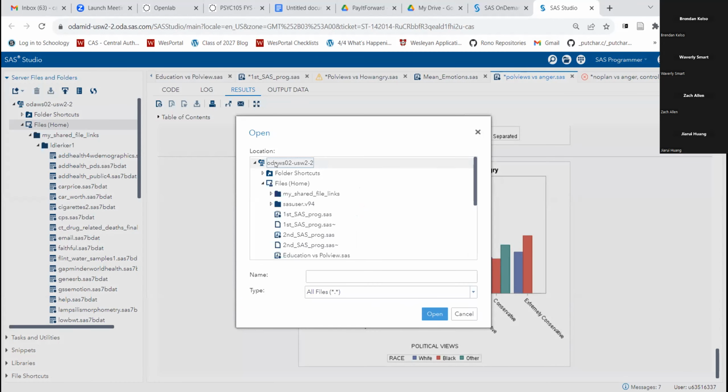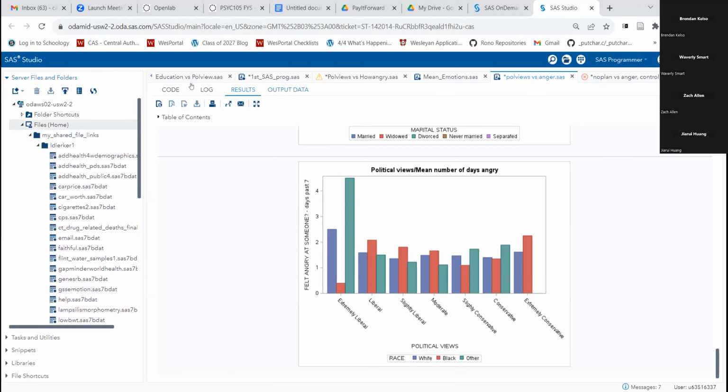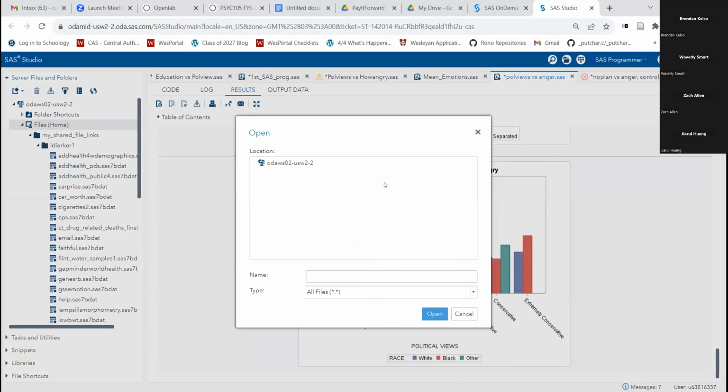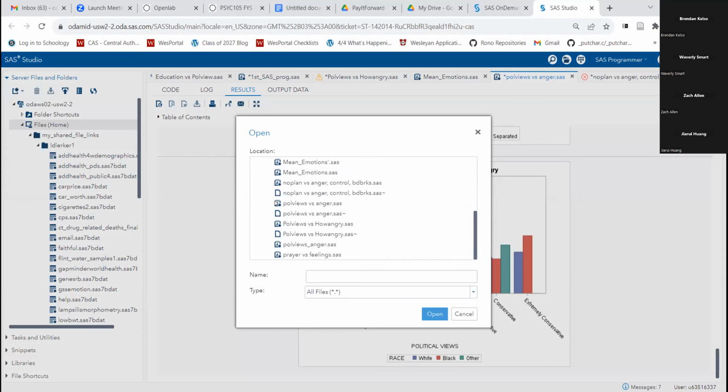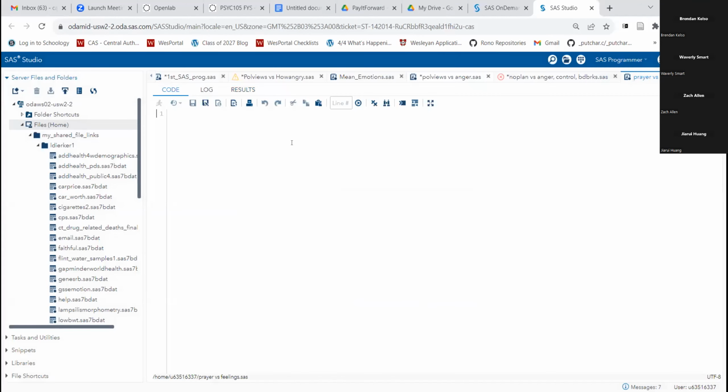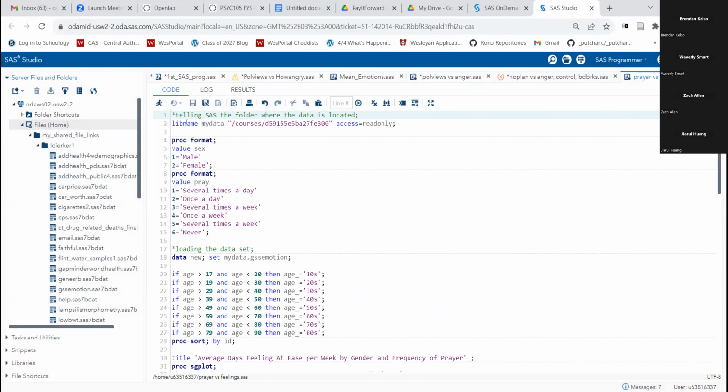Yeah, I was actually doing these programs differently, as you can see at the top here. You can do it all in one program and just comment out the parts when you're not looking at them. It can be a little complicated to try to keep four different programs running. Prayer and feelings. Oh, you really went for it. I love this.